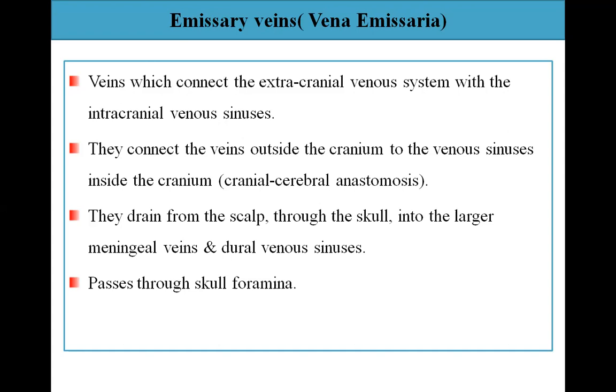They connect the veins outside the cranium to the venous sinuses inside the cranium. That is the cranial cerebral anastomosis. They drain through the skull into the larger meningeal veins and the dural venous sinuses. And these emissary veins pass through the skull foramina.